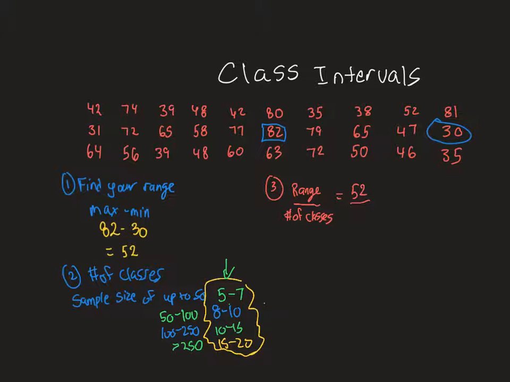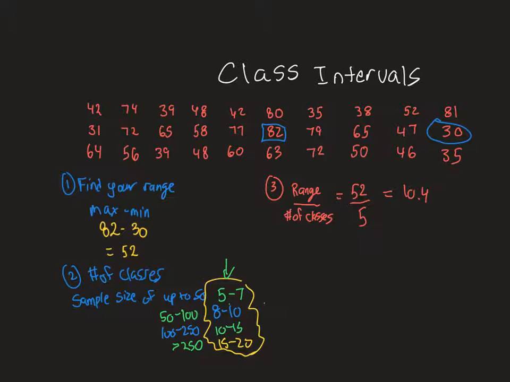So I'm going to go with 6 just so I can get a wider array. So 52 divided by 6. It's going to be a big, huge decimal number. Don't really want that, actually. So I'm going to change that to a 5, because 52 divided by 5 is 10.4.